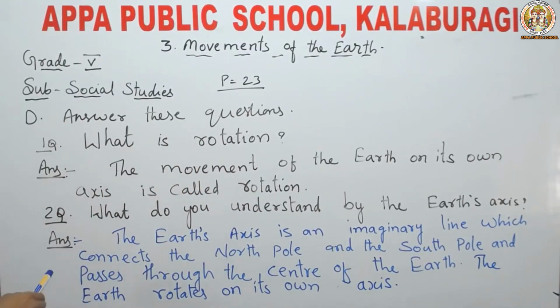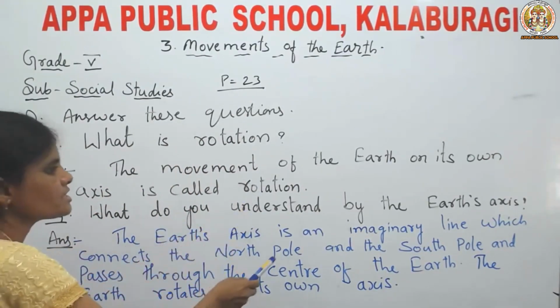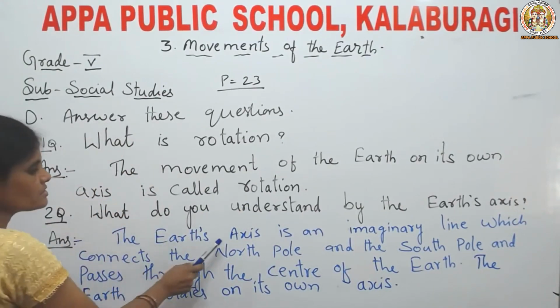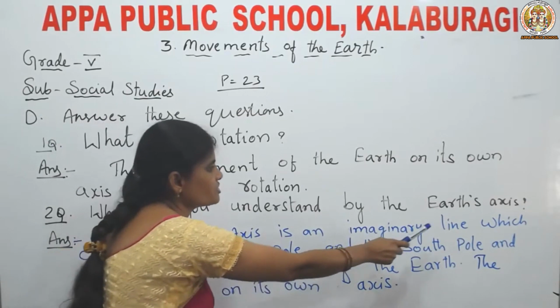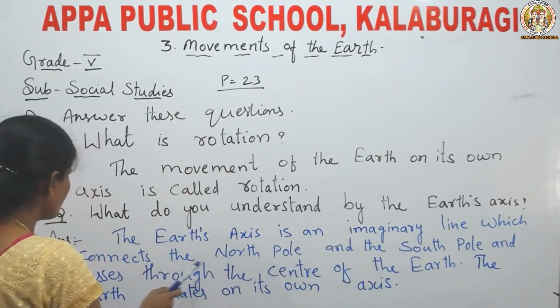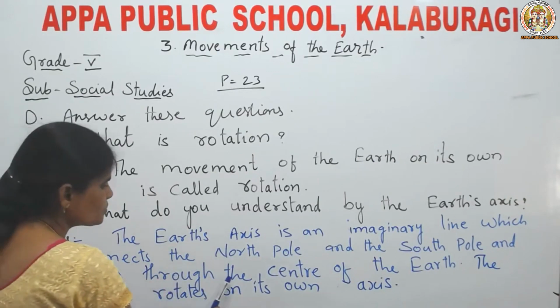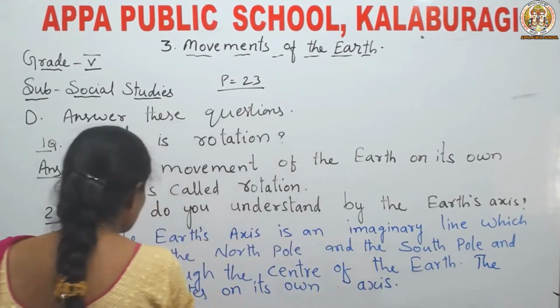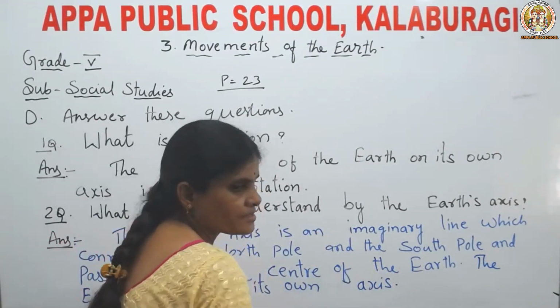See children, what do you understand by the Earth's axis? This is the question. Answer is, the Earth's axis is an imaginary line which connects the North Pole and the South Pole and passes through the center of the Earth. The Earth rotates on its own axis.